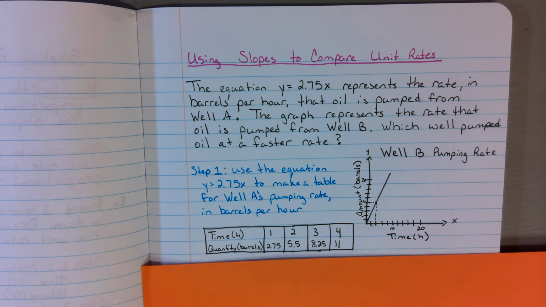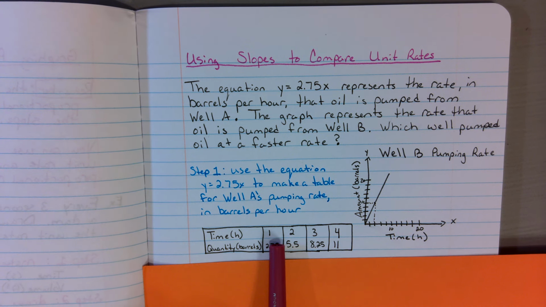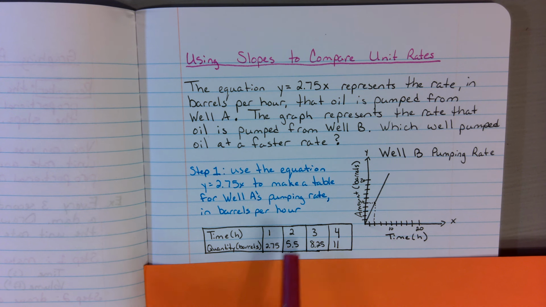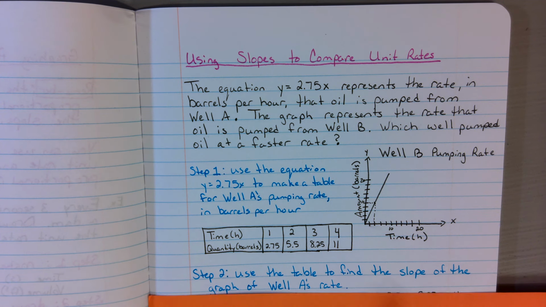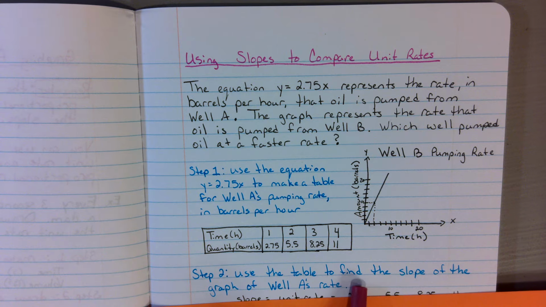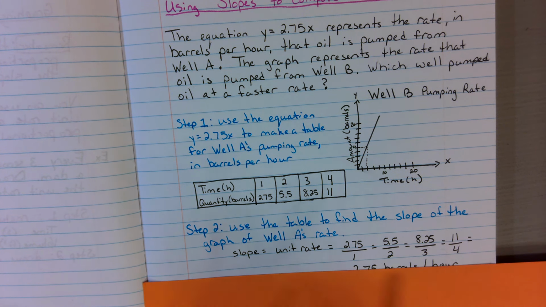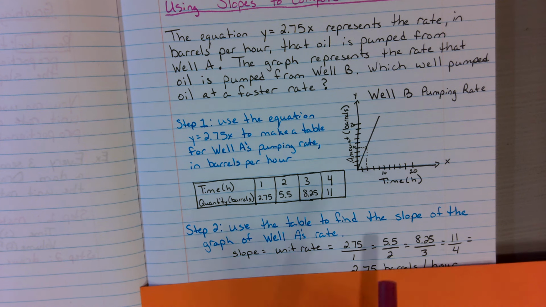So we know this was our slope, right? That's our rate of change: 1 in 2.75, 2 in 5.5, 3 in 8.25, and 4 in 11. Step two, use the table to find the slope of the graph of well A's rate. My unit rate and my slope are the same thing.